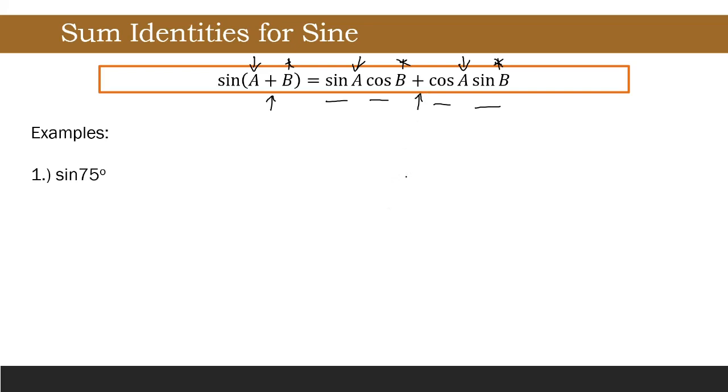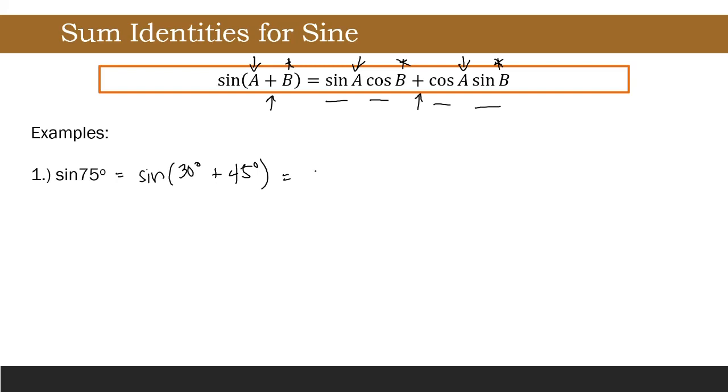Sine 75 degrees. We can write sine 75 as the sum of two special angles which are 30 degrees and 45 degrees. Dahil hindi natin alam yung exact coordinates ng 75 degrees, i-express natin siya as two angles na special.